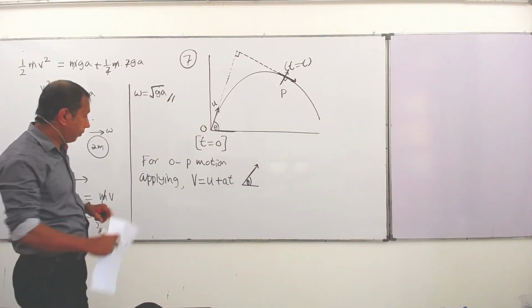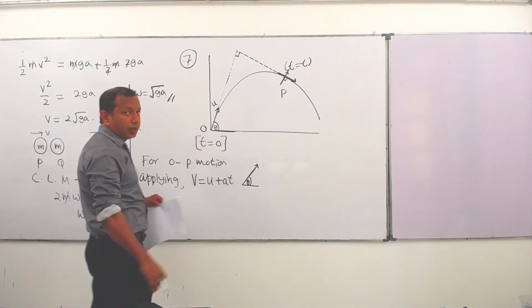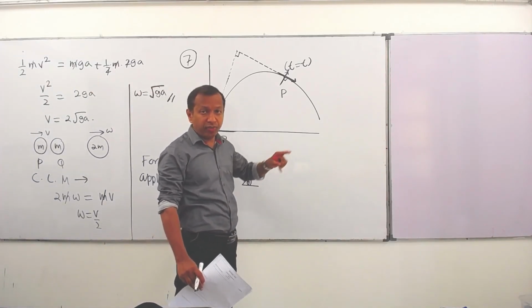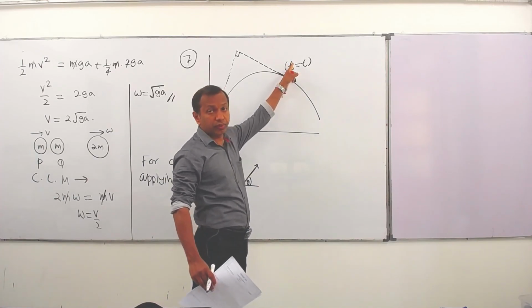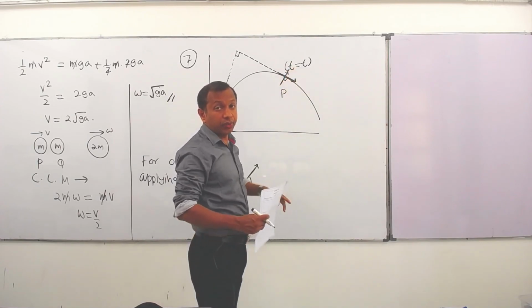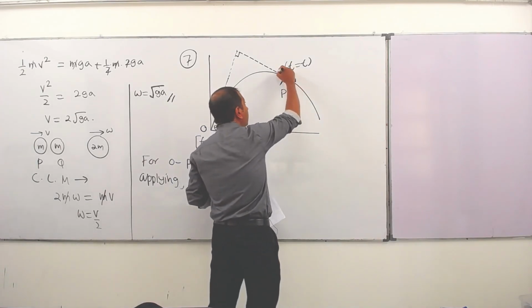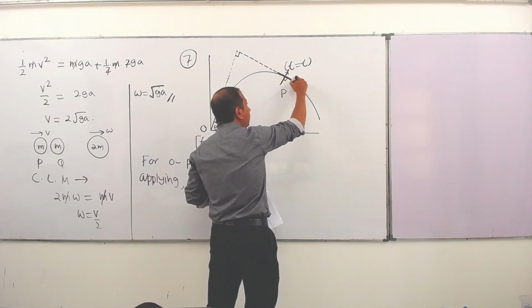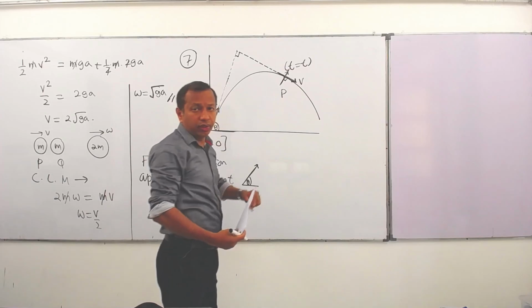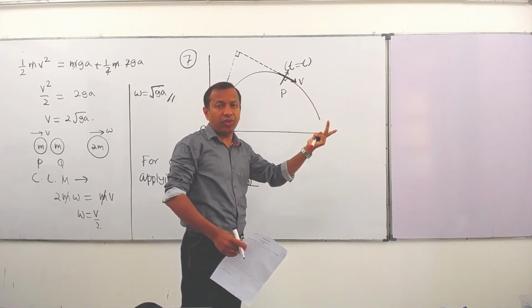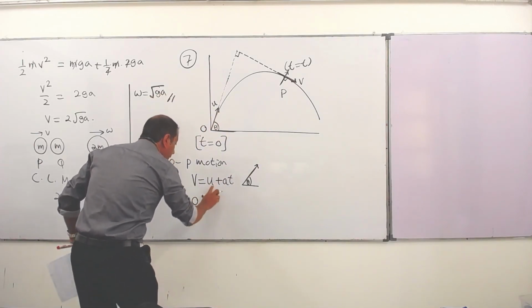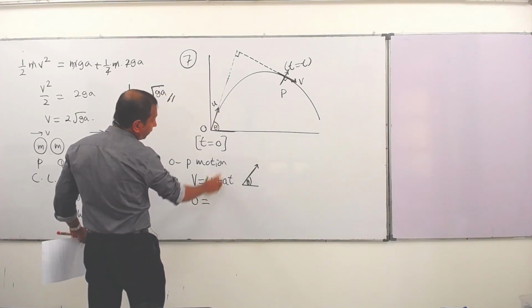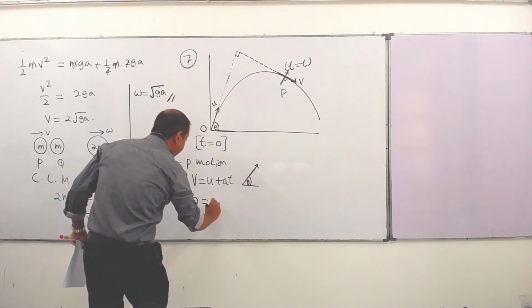V means the final velocity along that direction, final meaning at the point P. Along this direction its velocity is 0, because it is now moving only along the tangent. Then in the perpendicular direction there is no velocity, so V equals 0. U is the initial velocity along the same direction.